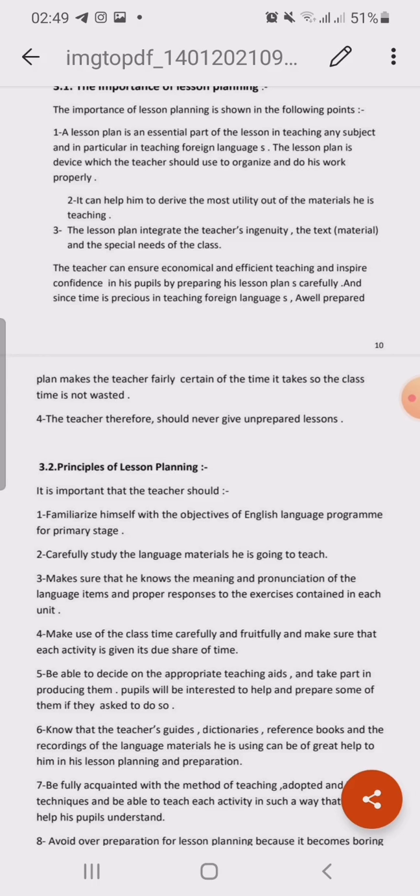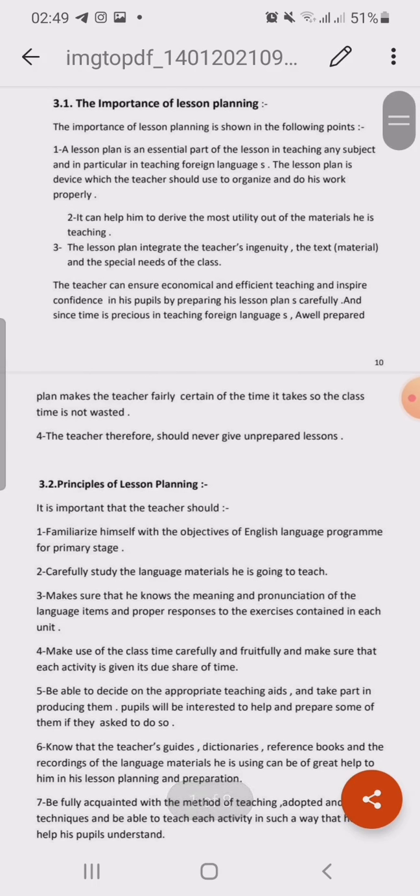Number 2, it can help him to derive the most utility out of the materials. يعني تساعده في أنه derive أنه يشتق ويستخلص المادة الأكثر فائدة من المادة التعليمية.